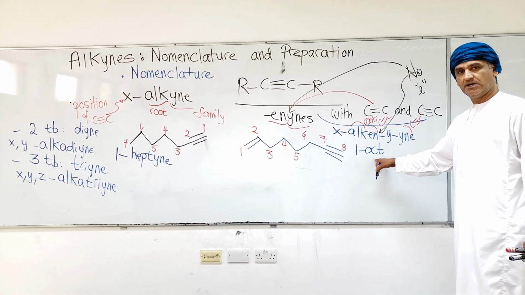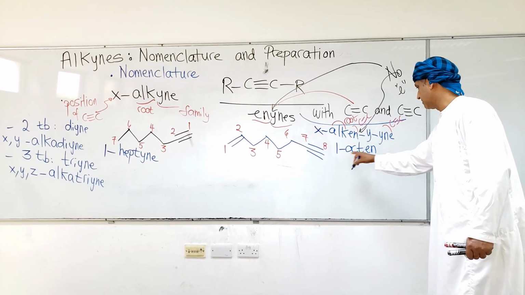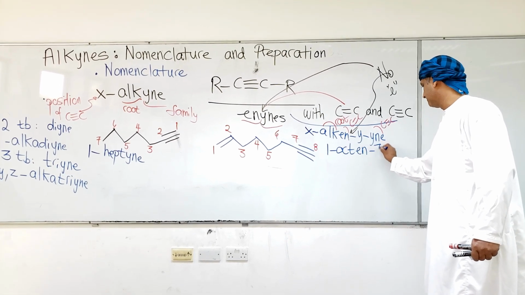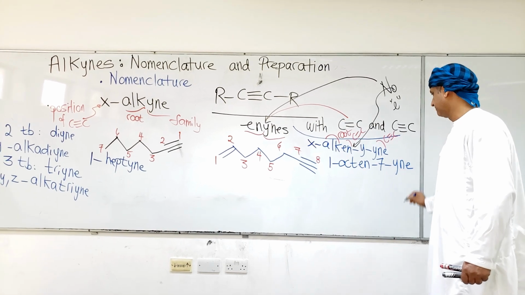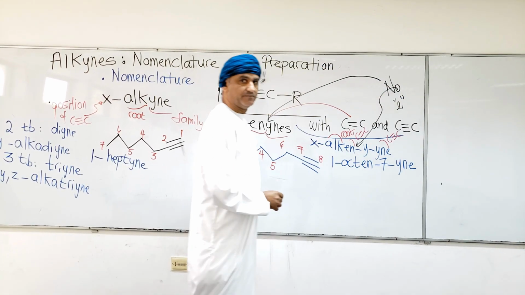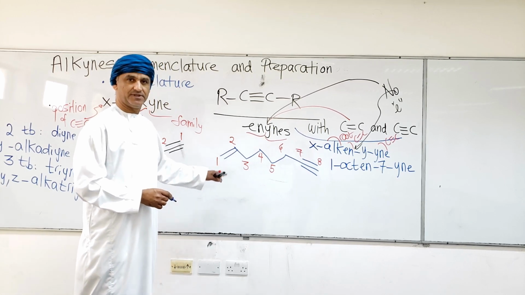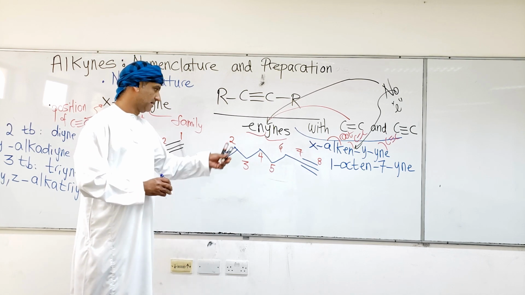The root is oct. Ene, the double bond is at position number 1, dash 7 dash yne. 1-octene-7-yne is the IUPAC name of this carbon chain containing both a carbon-carbon double bond and the carbon-carbon triple bond.